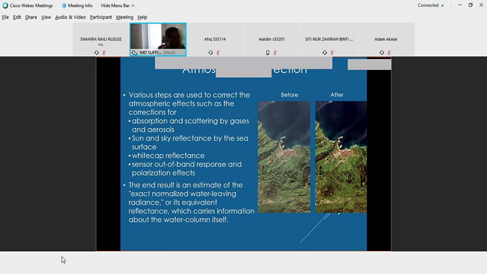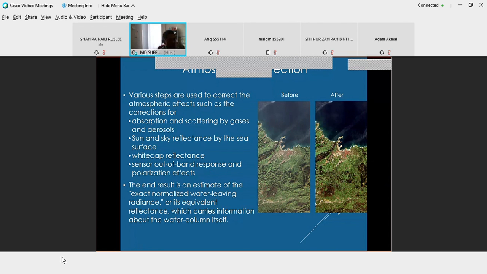For example, when you measure reflectance as I explained earlier, reflectance is a ratio between reflected light and incident light. So its value should be from 0 to 1, or 0 to 100%. Sometimes there are values exceeding 1. The maximum is 1, it cannot be more than 1 or 100%.